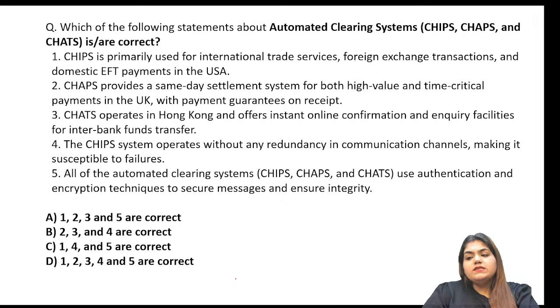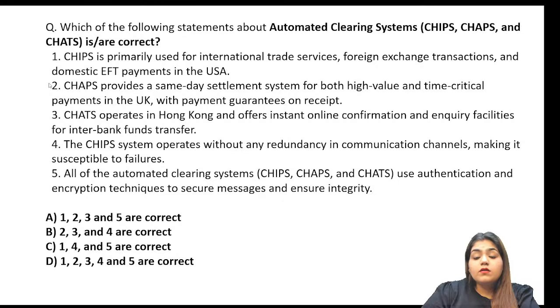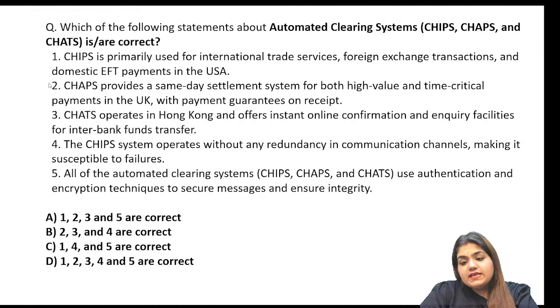Automated clearing system: CHIPS, CHAPS, CHATS. CHIPS is of USA, CHAPS is of UK, CHATS is of Hong Kong.